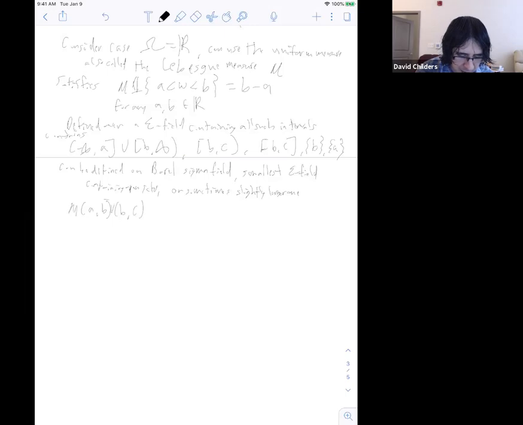And so the Lebesgue measure of these is equal to, by this disjointness, C minus B plus B minus A, which is equal to C minus A. And then consider also the Lebesgue measure of the open interval AC.